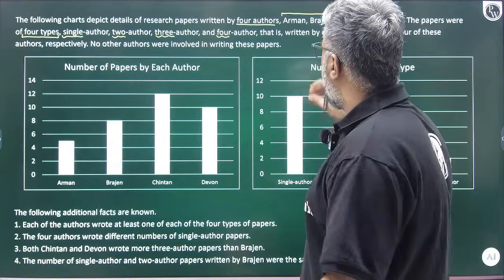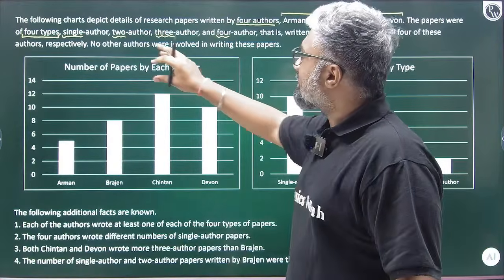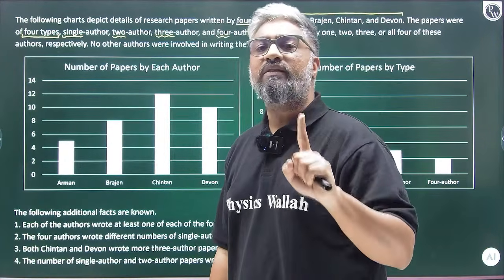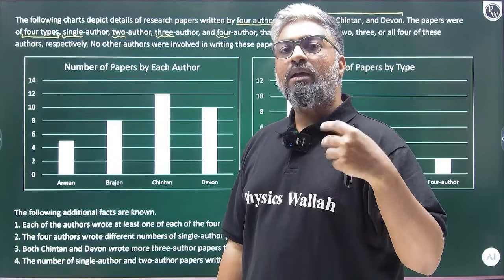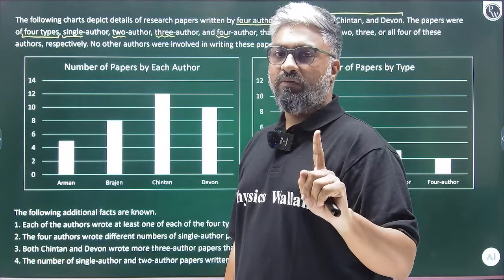So A, B, C, D, when they say single author, that means only one of them has contributed to that paper. It's either A or B or C or D, any one of them only.